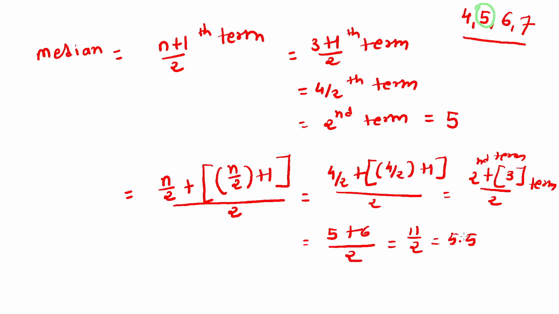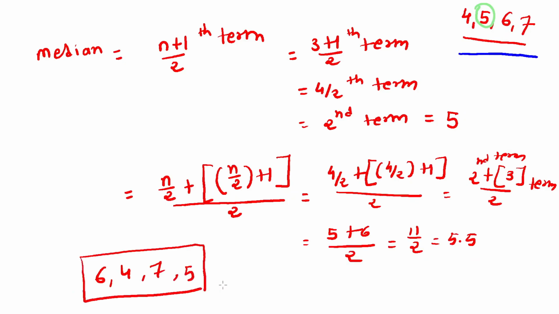Now one important note to be taken here is that at present all these numbers are in ascending order. But what if you have numbers like 6, 4, 7, 5? In such scenarios, first of all you need to arrange all these numbers in either ascending or descending order.